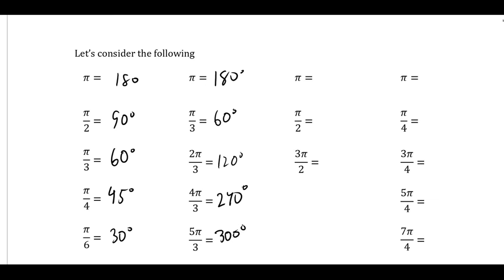All right, let's see if we can do this. So pi is 180, pi by 2, half that. And then take 3 of those, and that's 270.